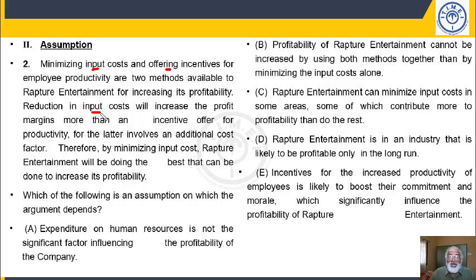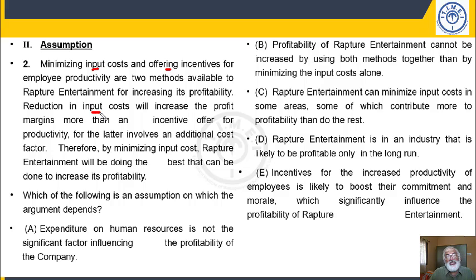That is one. The other thing is that if you're saying by minimizing input cost, Rapture Entertainment will be doing the best that can be done to increase profitability. You're saying that we've already been told that input costs will increase profit margins more than incentive offer, right? But if they minimize input costs, they'll be doing their best, tells me that this works almost exclusively.